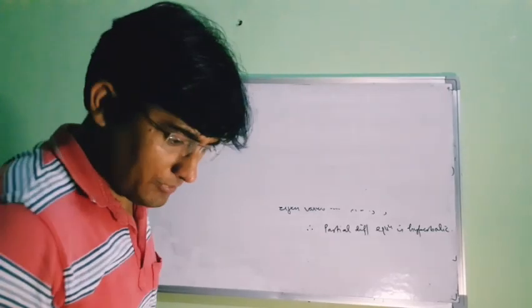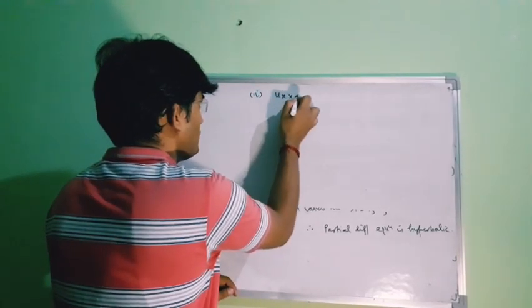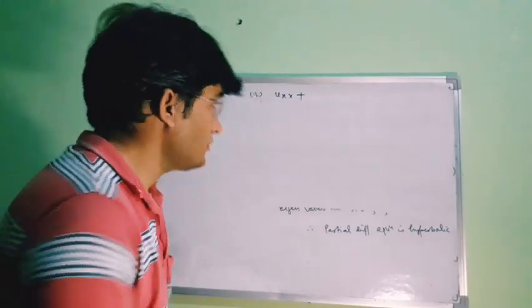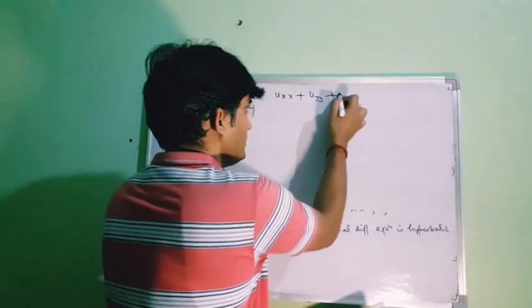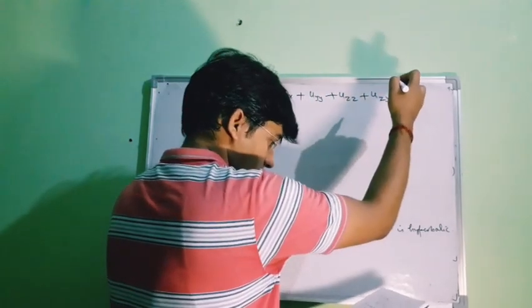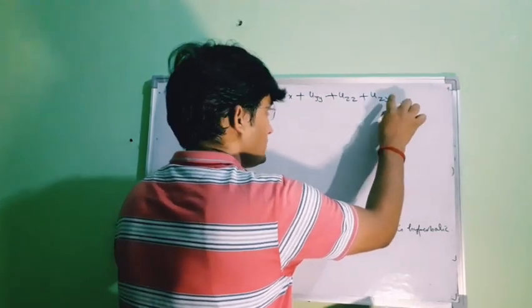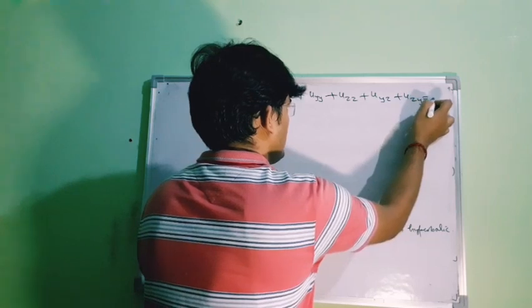Then for the second part, it was uxx plus uyy plus uzz plus uyz plus uzy equal to 0.